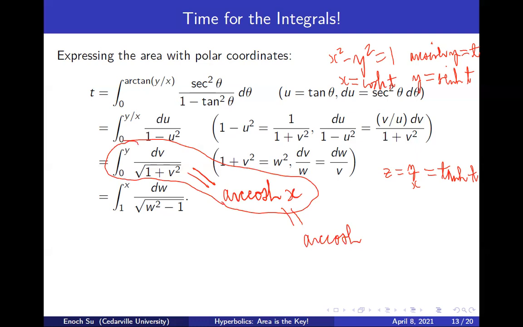So it would have been arc cosh of the square root of 1 plus y squared, which by the way is also just arc sinh of y, correct? Yes.